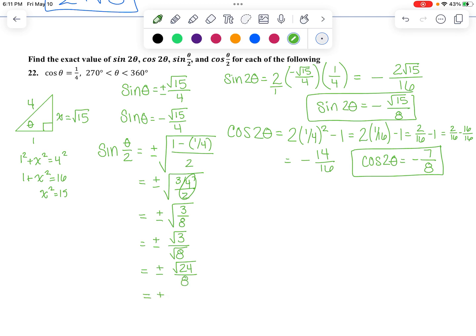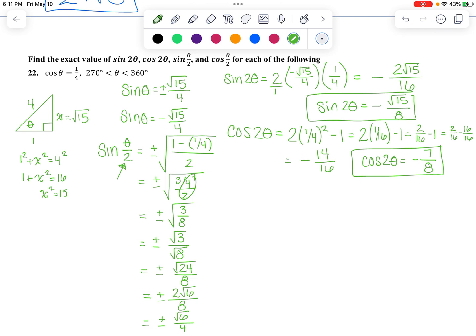I get square root of 24 over 8, but square root of 24 simplifies because it divides by 4, which is a perfect square. Square root of 4 is 2, and 24 divided by 4 is 6. And then the 2 simplifies. So I get a positive or negative square root of 6 over 4. But wait, I have to determine positive or negative.